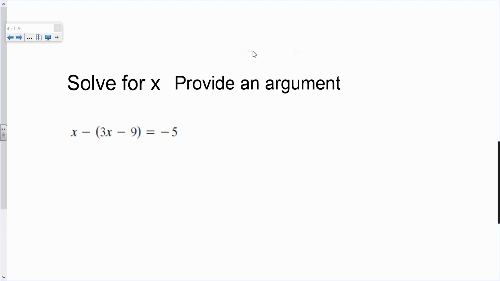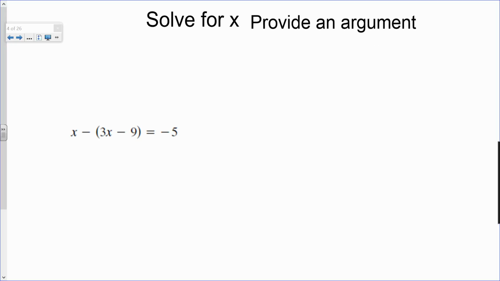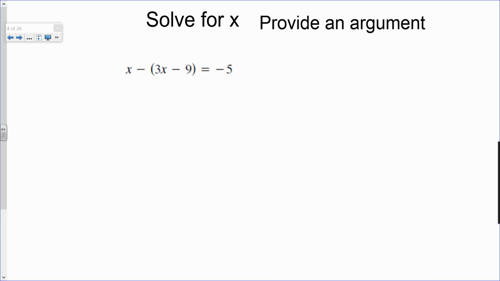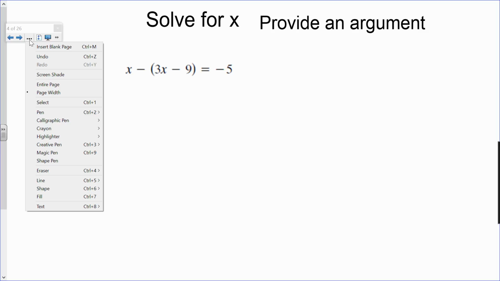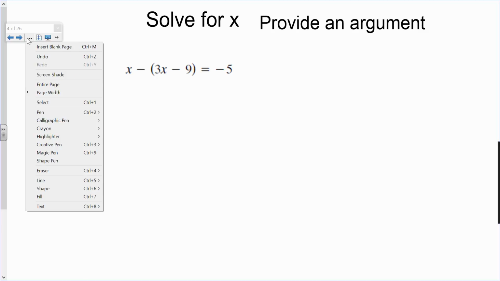Example 1. Right here. Solve for x, provide an argument.